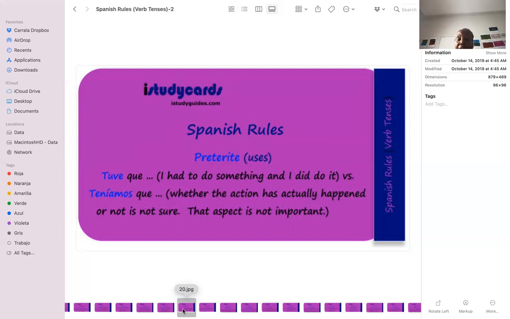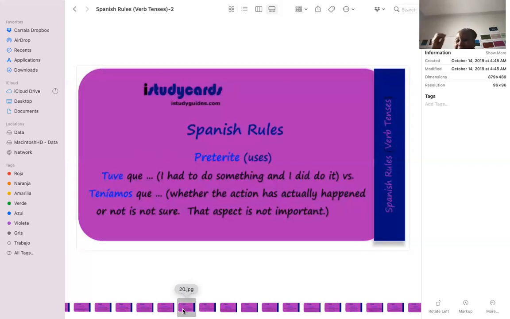Okay, we are continuing looking at the preterite or the pretérito in Spanish. It's a form of a past tense in Spanish. When you're talking about the past, there are basically two: the preterite and the imperfect.